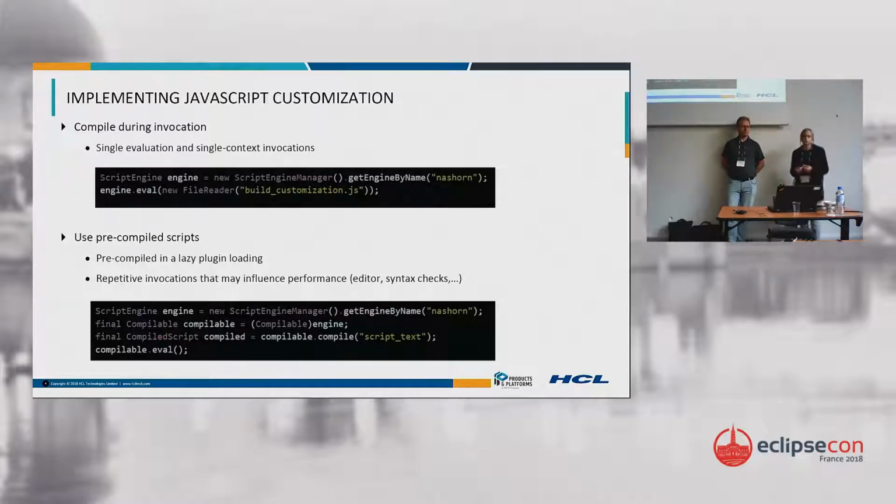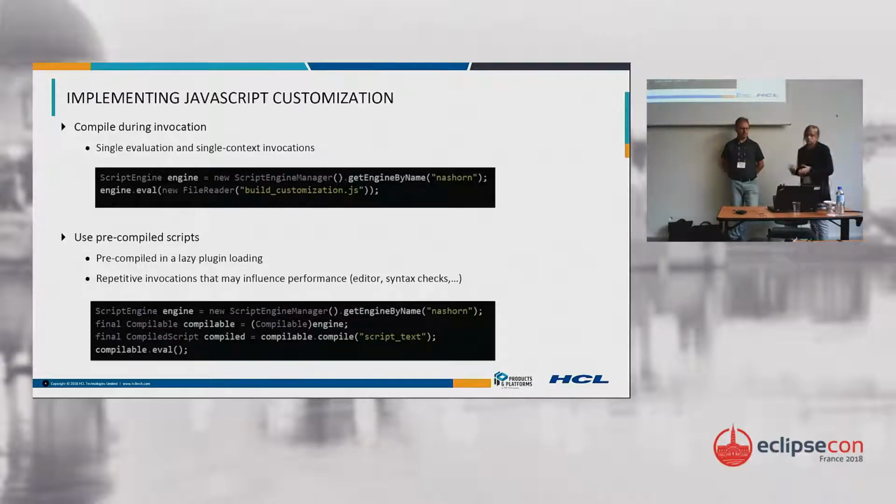In Nashorn, compared to Rhino, you can precompile those JavaScripts by casting the engine to the Compilable interface and just invoking compile and eval. After that, you can repeatedly invoke these precompiled scripts with different data, which could influence performance if you have many invocations of the evaluated JavaScript.